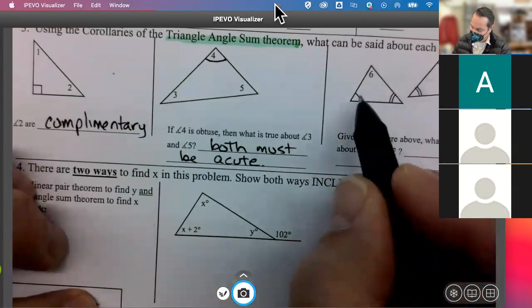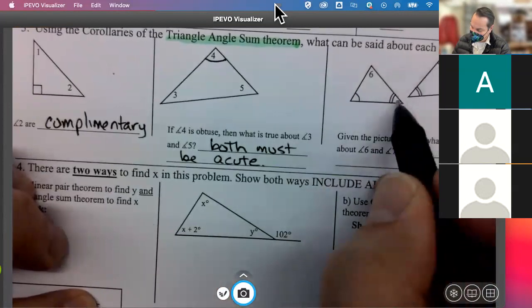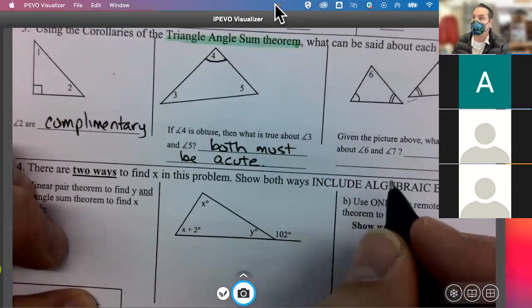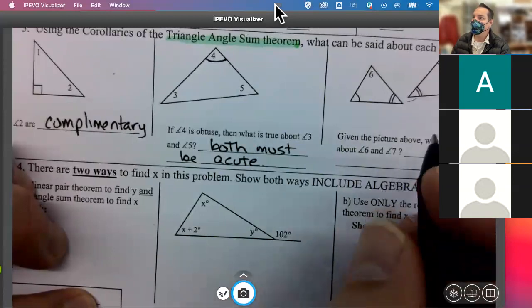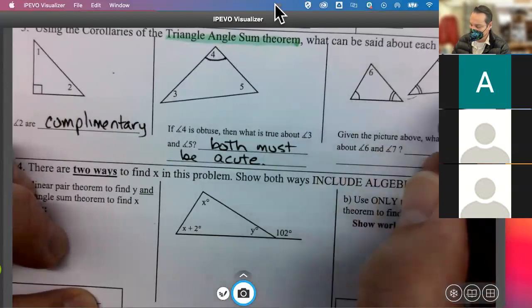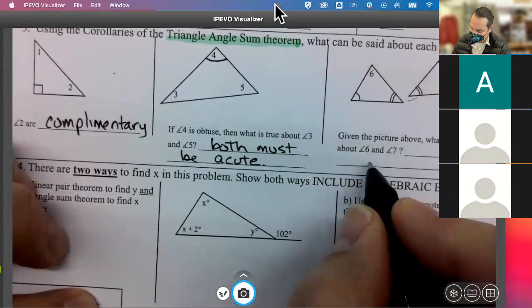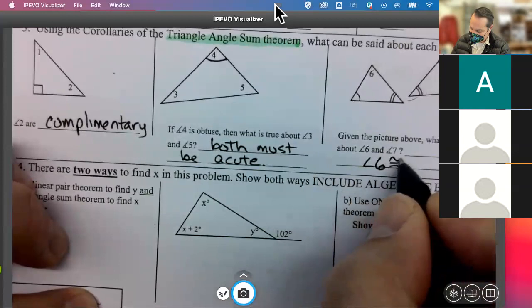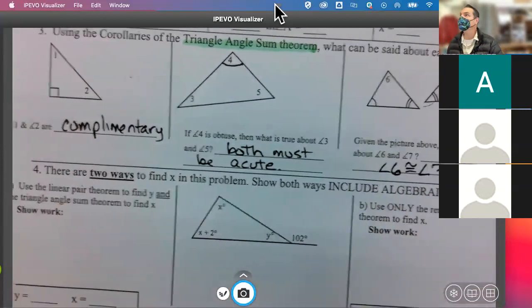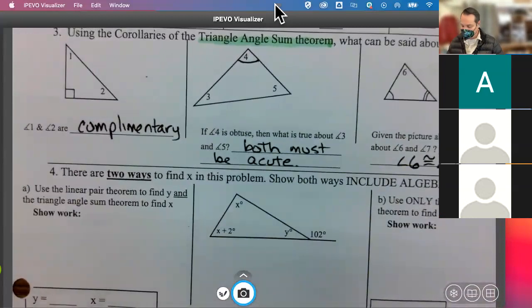And if you've got two triangles where one angle is the same, the second angle is the same, what do you think must be true about the third? Yeah, they got to be the same size, don't they? Because this one would be 180 minus these two, and this one would be 180 minus the same two. Angle 6 would have to be congruent to angle 7. Any questions on that?